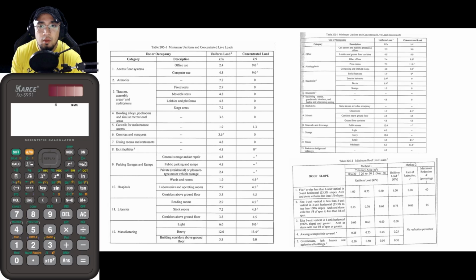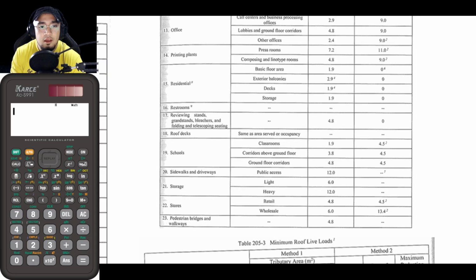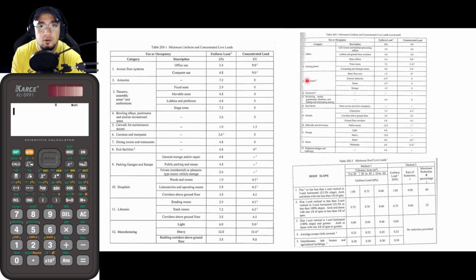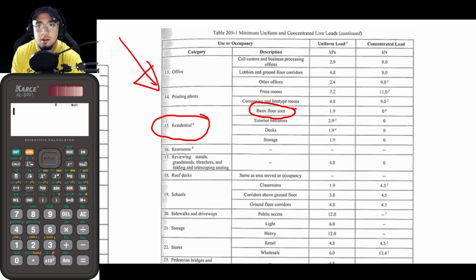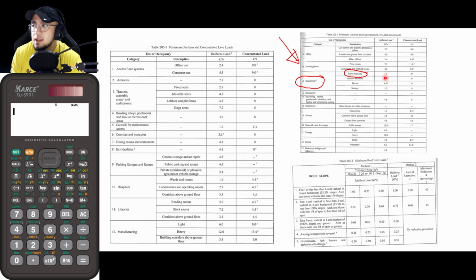Since this is a residential building, we would be making use of this table, and let us assume that it is considered a basic floor area. From that we will now be making use of 1.9 kilopascals as seen in this table.